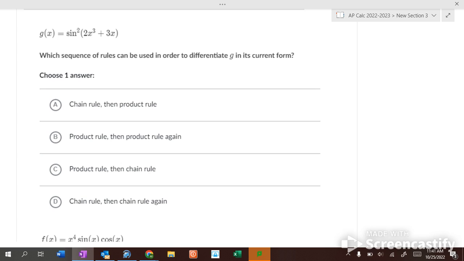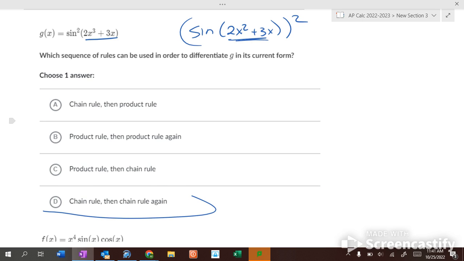So it's the chain rule and then the chain rule again. Because it's really the sine of 2x squared plus 3x, squared. So you do the chain rule to that and then the chain rule to this. So chain rule, chain rule.